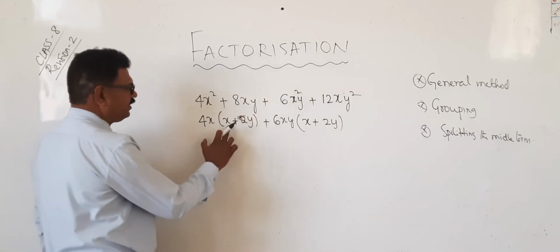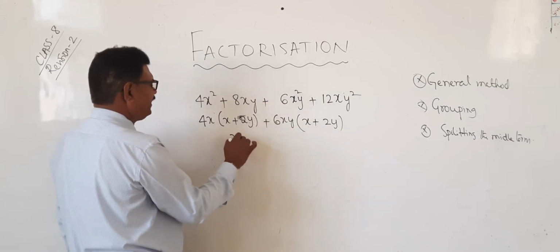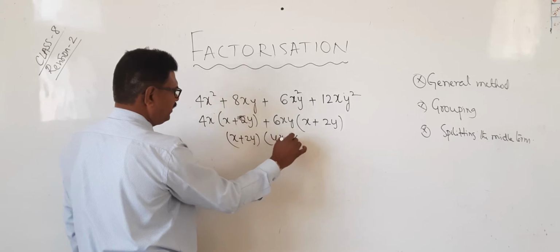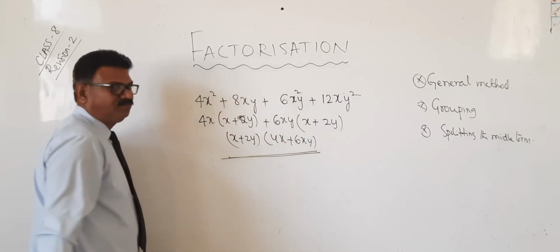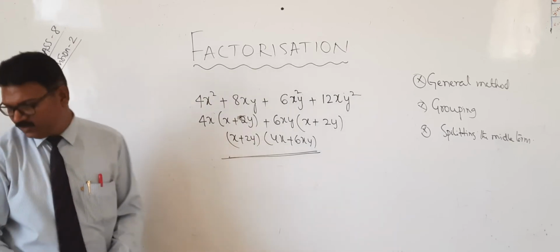So here also x plus 2y, here also x plus 2y. So if you take x plus 2y common, here 4x plus 6xy. Like this. Okay na? So this is the grouping method.